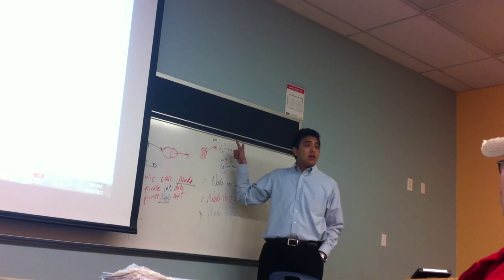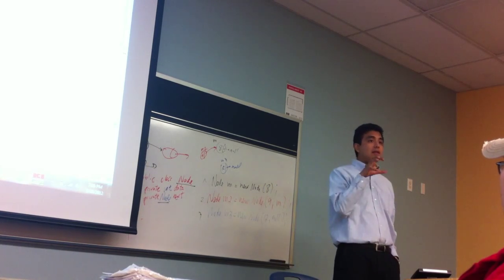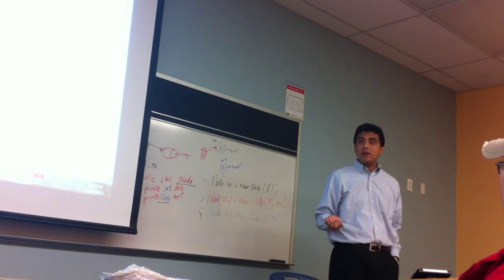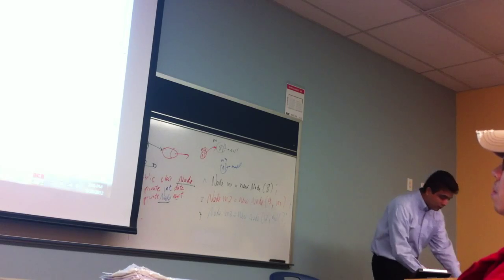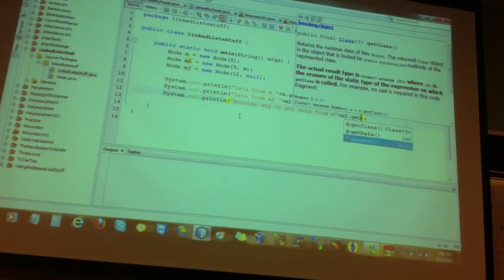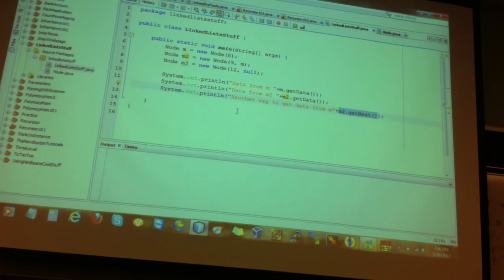If we say get data from that piece of information, then we have the data from M. So I could do this by saying M2 dot get next. All of this piece of information is already M. M2 dot get next, now we're talking about M, correct?